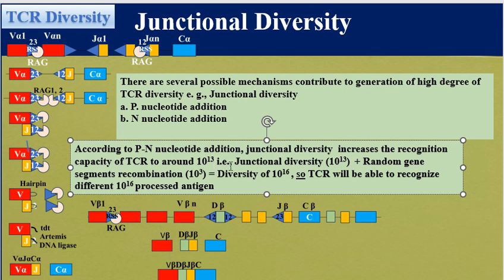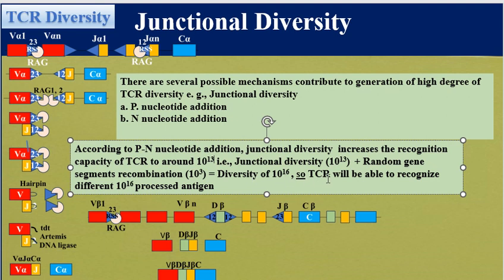And that is to say, junctional diversity will provide 10 to the power 13, plus random gene segment rearrangement, which will provide 10 to the power 3. As I mentioned, there are around 3,640 variable pairs, and this will increase the diversity up to 10 to the power 16.